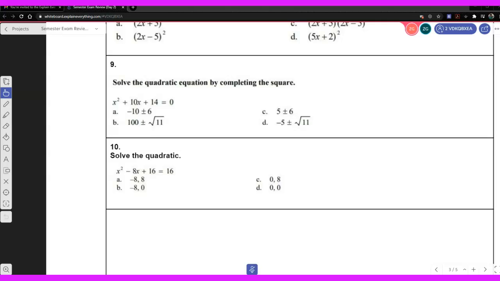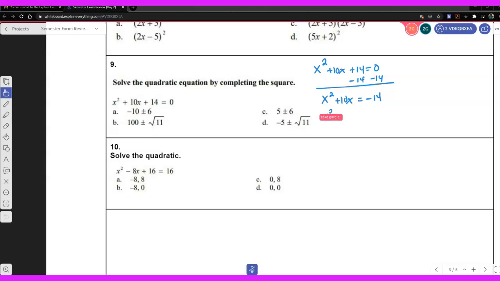For number 9, we're going to solve by completing the square. So we have x squared plus 10x plus 14 equals 0. We subtract 14 from both sides. So you have x squared plus 10x equals negative 14.